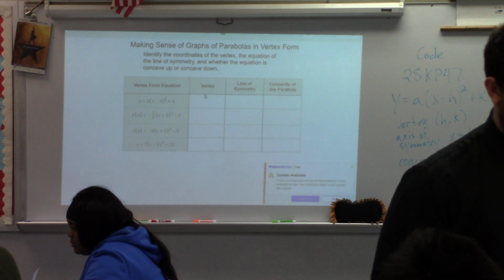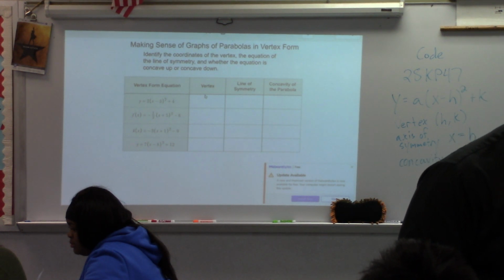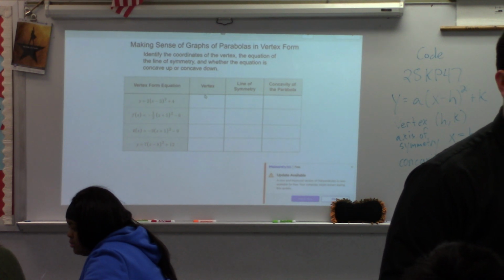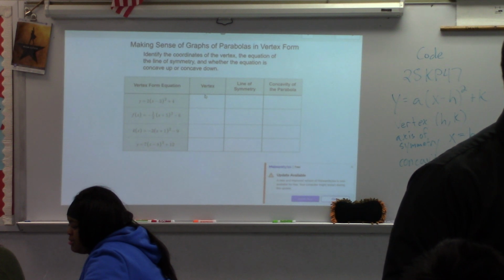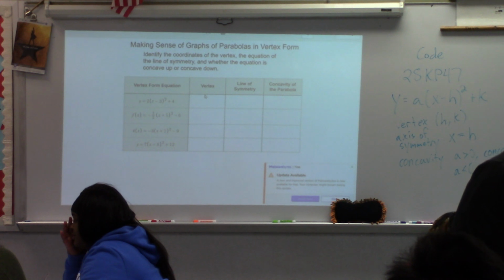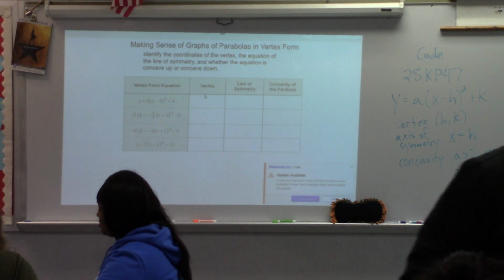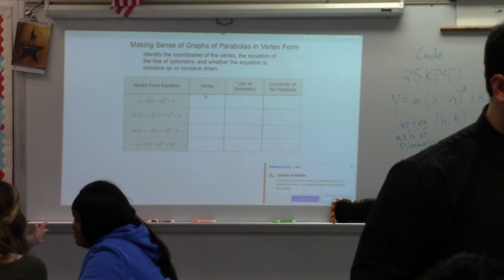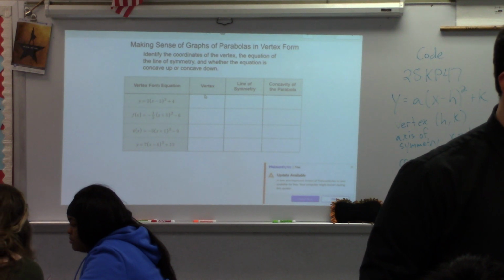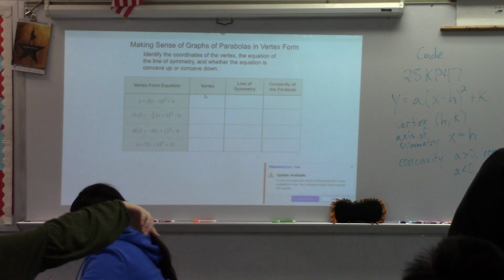So, how do we find the vertex when we have vertex form? You have the notes there, I see them. Look at the very bottom. Vertex is H comma K.